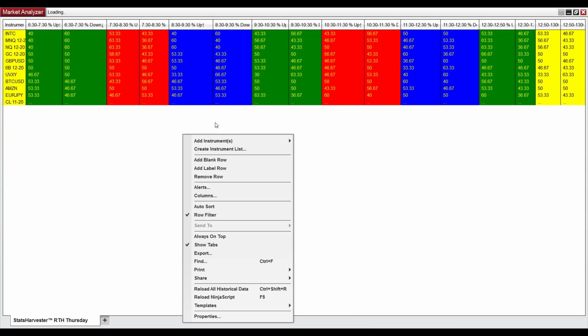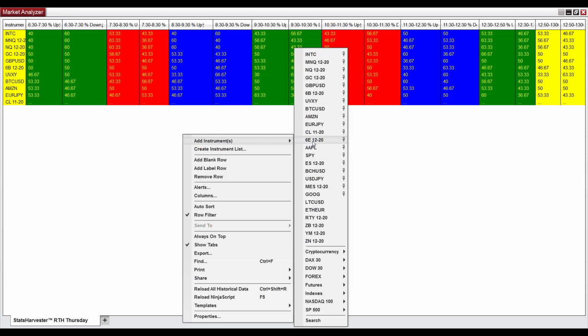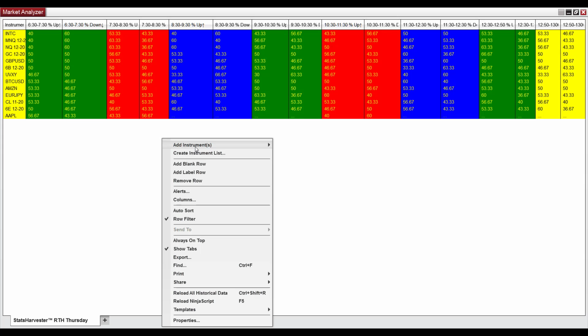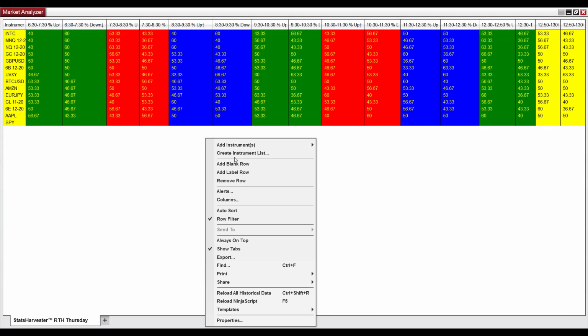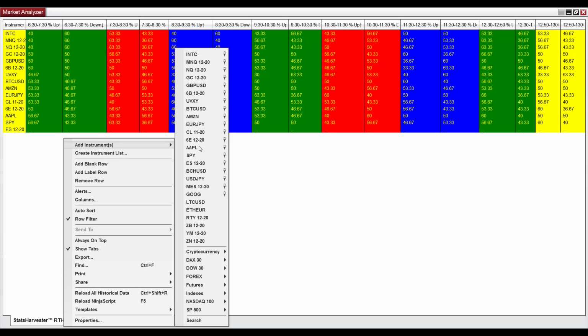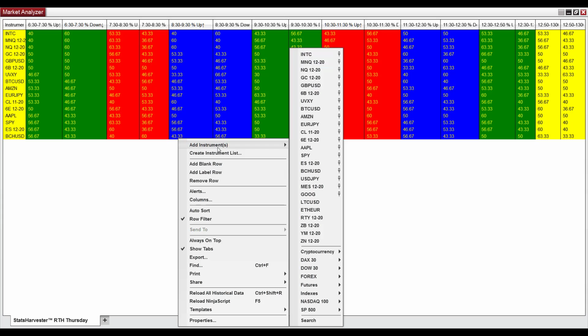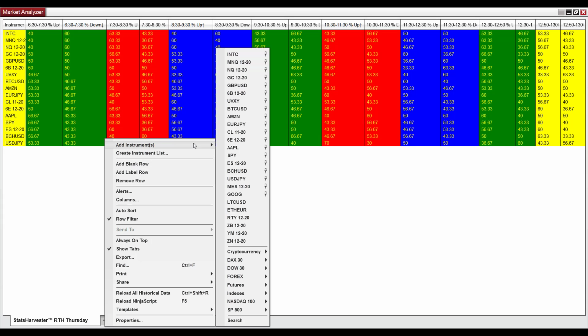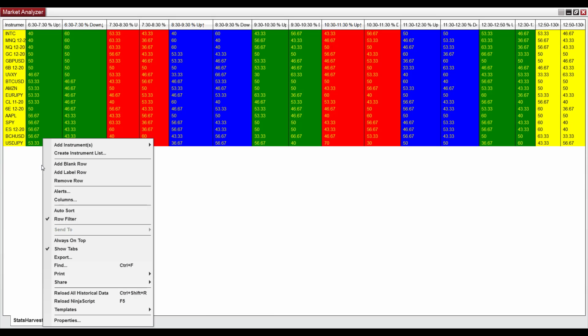You can just right-click on Market Analyzer, click Add Instruments, click on, for example, SP 500, and select all 500 instruments if you wanted to do that. But I recommend only loading instruments you are truly interested in trading. Meaning, if you have no intention of trading oil, which is CL, or gold, which is GC, then there is no reason for you to load it on Market Analyzer.